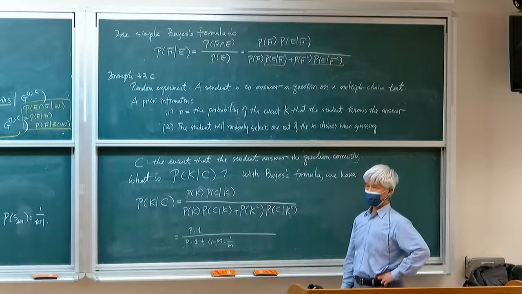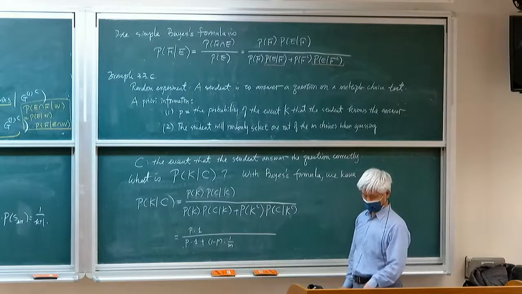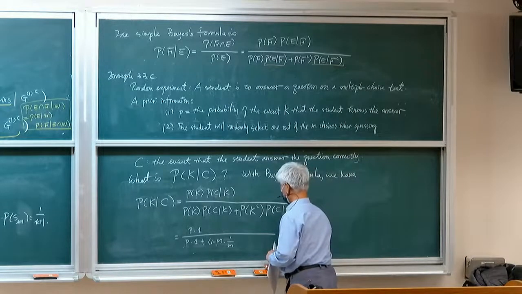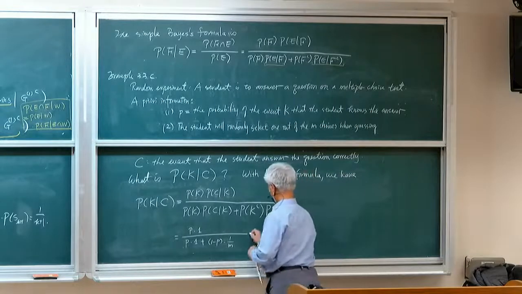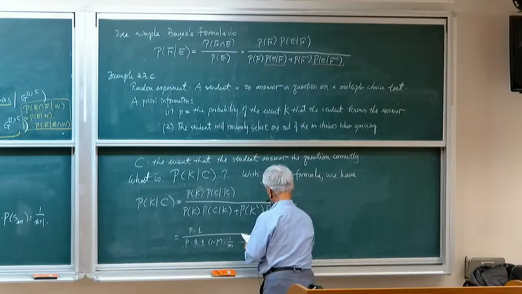Okay. Right. And so it would be mp over 1 plus (m minus 1)p. Yeah.